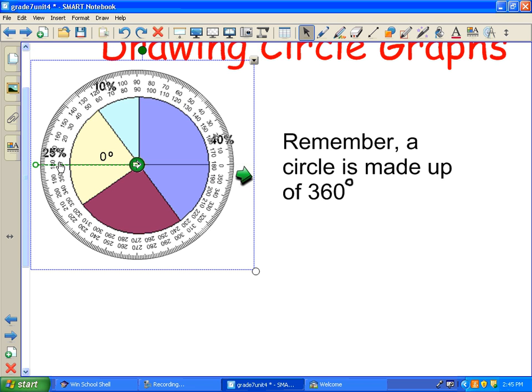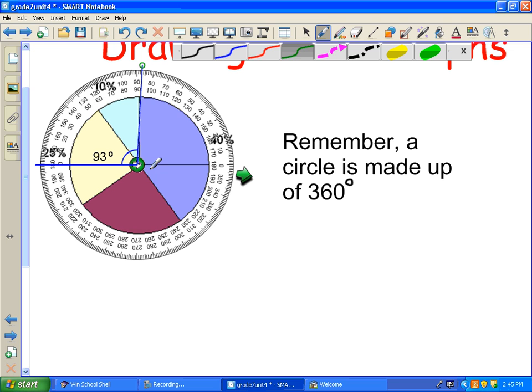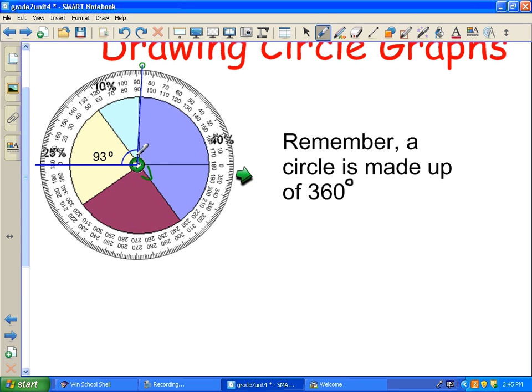I go all the way, this is 180, and then I keep going, and I will eventually get to 360 when I get back to this one right here. So a whole circle is made up of 360 degrees. Okay, so this is a 90, this other one here is a 90, this is a 90, and this is a 90 as well. So it's made up of 360 degrees in total.